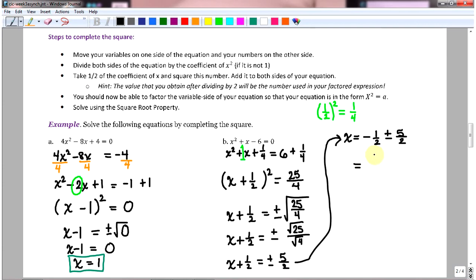One way, since we have the same denominator, you can combine these by writing negative 1 plus or minus 5 divided by 2. But since we're dealing with all numbers here, we can actually evaluate this. So we have negative 1 plus 5/2, which is the same thing as 4/2, which equals 2.